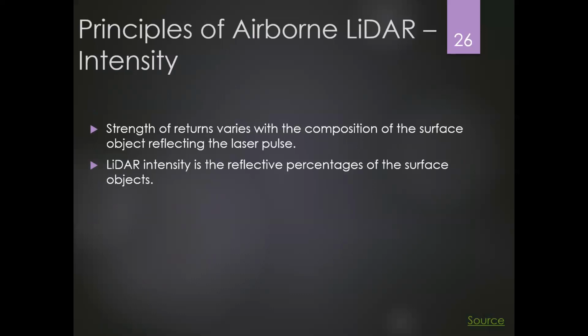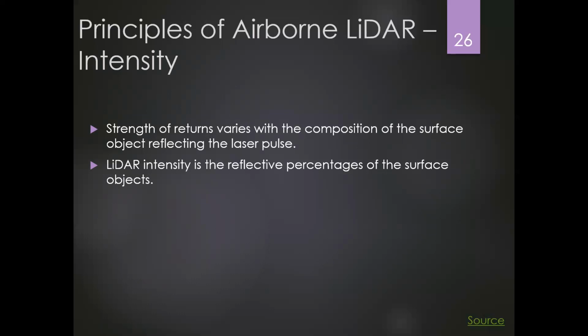And let's talk about the intensity of returns or the strength of returns. It varies with the composition of the surface object reflecting the laser pulse. It means that different objects, they reflect laser energy, laser signal at different efficiency.